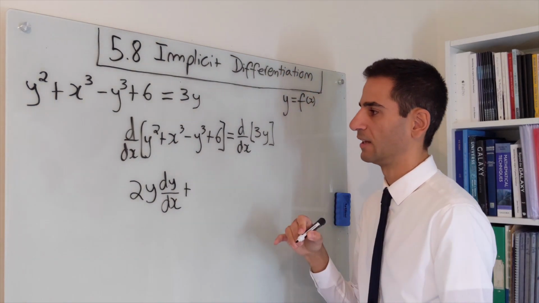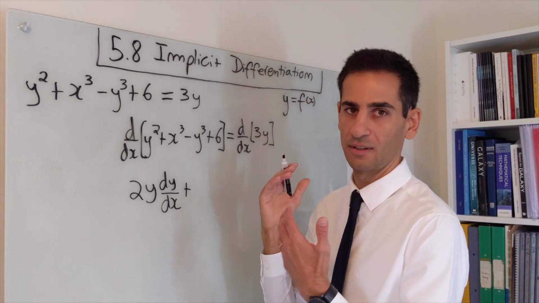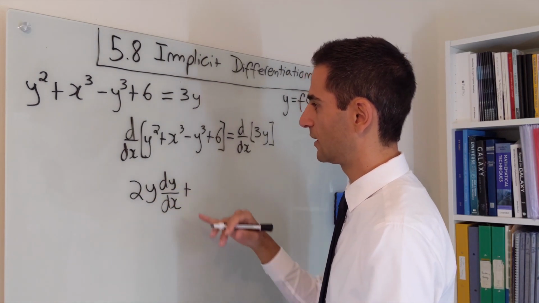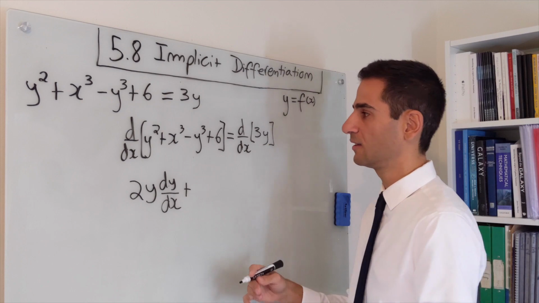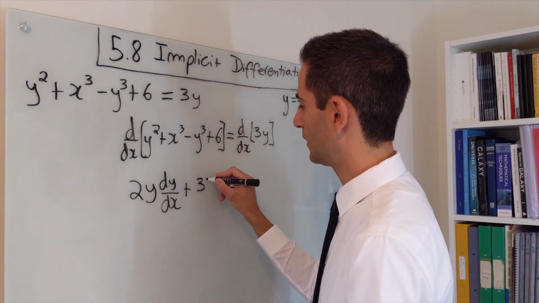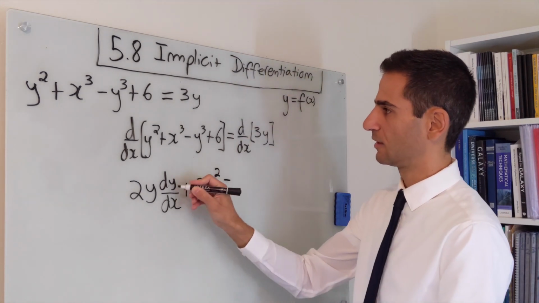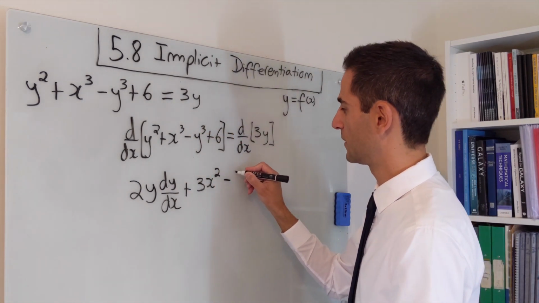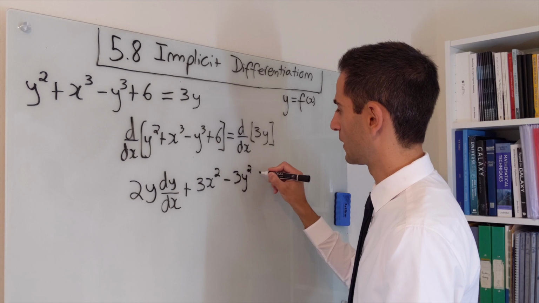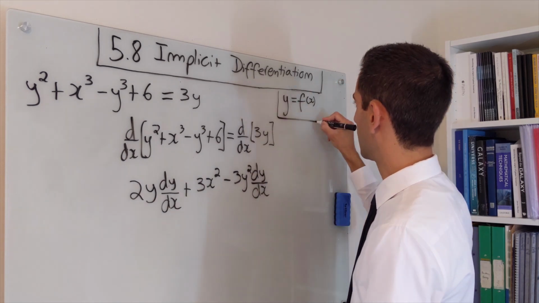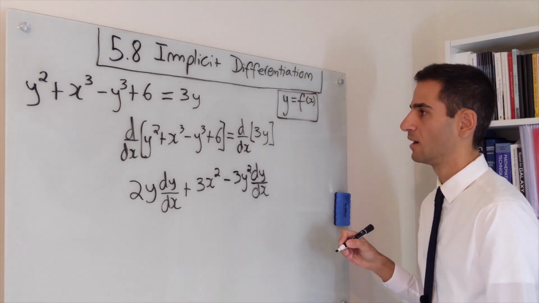Then we have a term in x, which means you can differentiate it completely. There's no need to leave dy dx because x is already the variable. Get 3x squared minus, and in a similar way for this term, 3y squared. Do not forget the dy dx because y is a function of x.